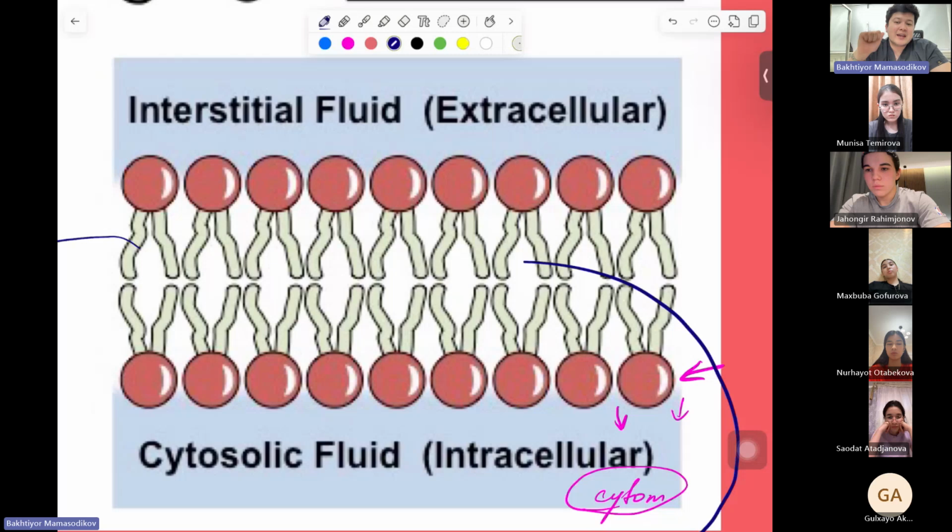Lipids are fats, oils, or waxes, but in this case, they are phospholipids. What's the meaning of phospholipids? In their structure, they contain lipid plus phosphorus. That's why they're called phospholipids.